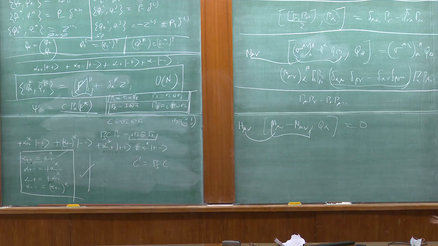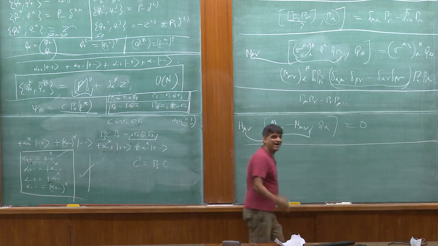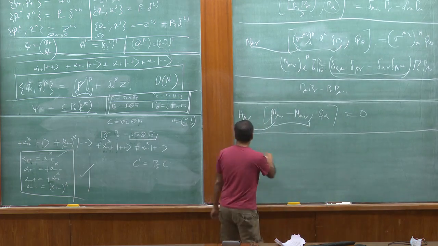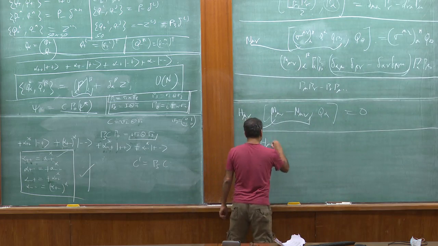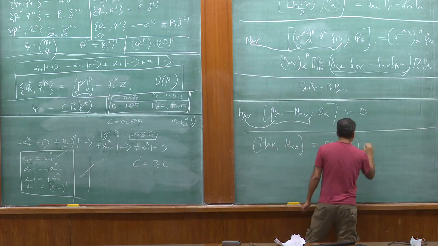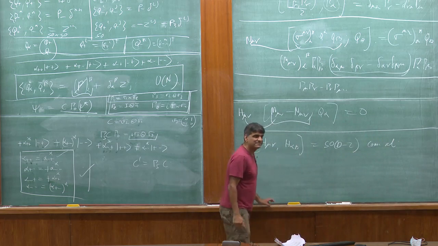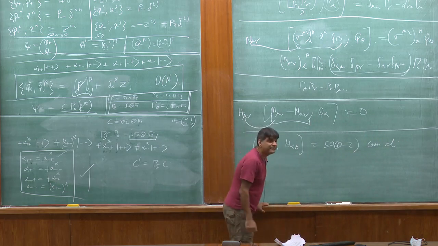So our algebra now, in terms of these new constructions, we have H mu nu, H alpha beta is equal to the SO(D-2) commutation relation. What?